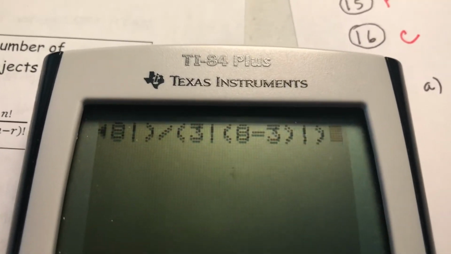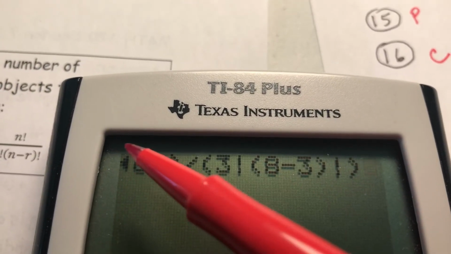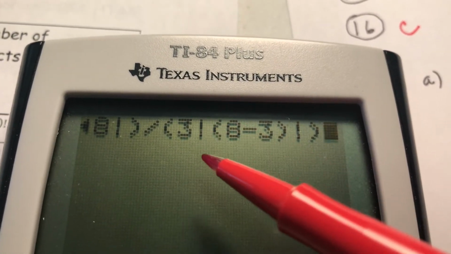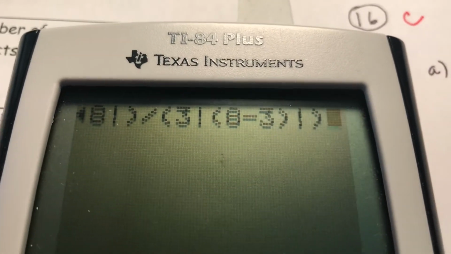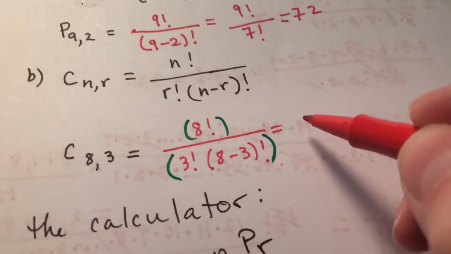All right, you see that? Parentheses are important in a math class. And I get 56.